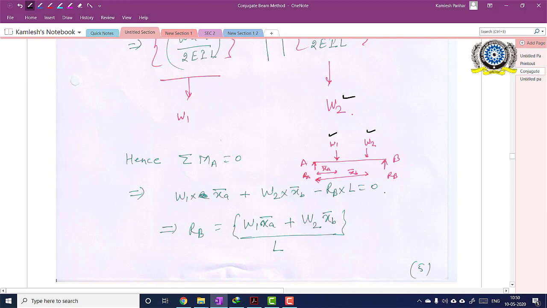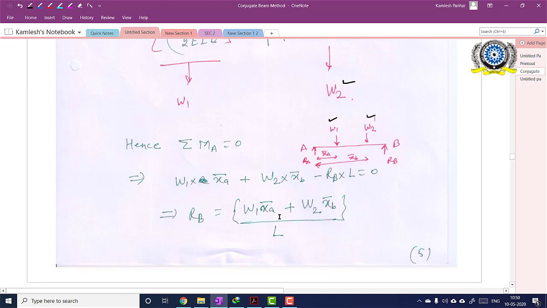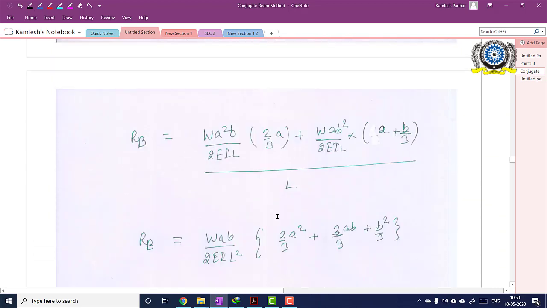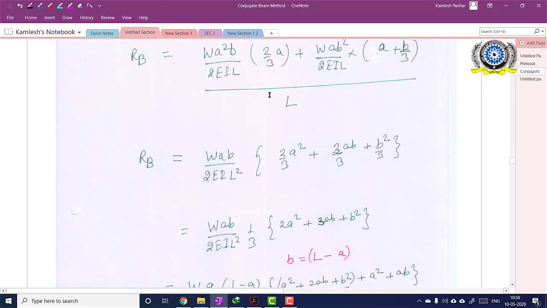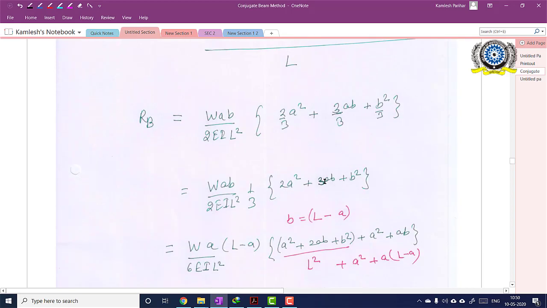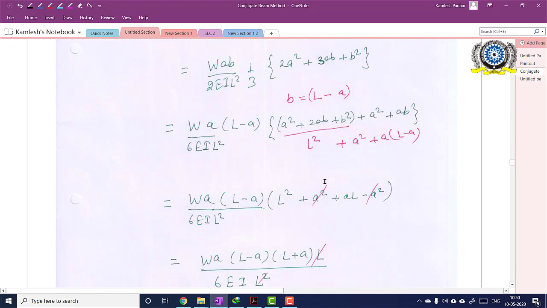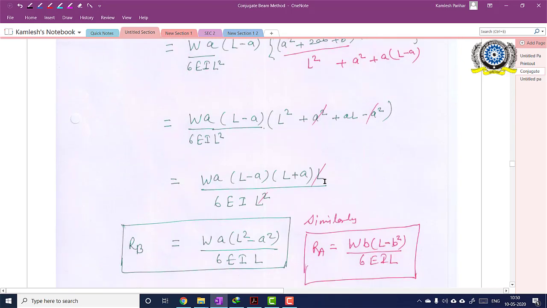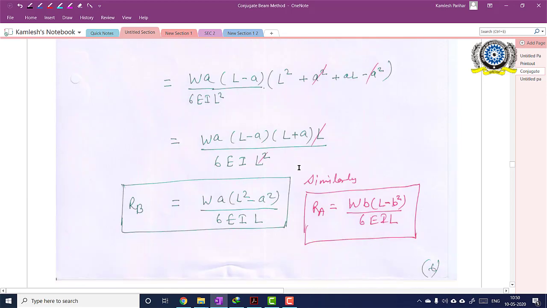This is the summation of moment about point A equal to 0, and from here I have found out RB. This is simple mathematics and calculations. It is already provided to you in the notes, so you can see the calculations. And finally I have found out the reaction RB.